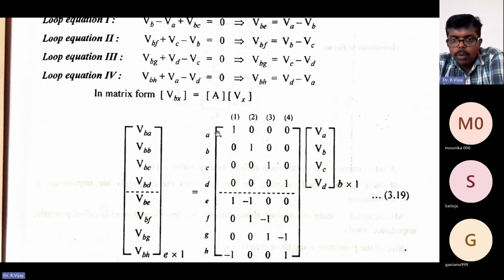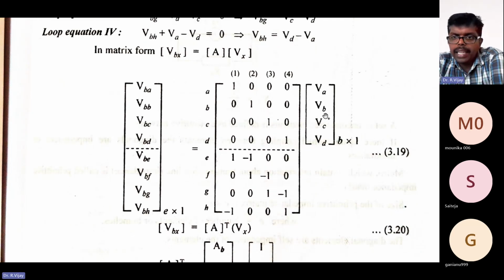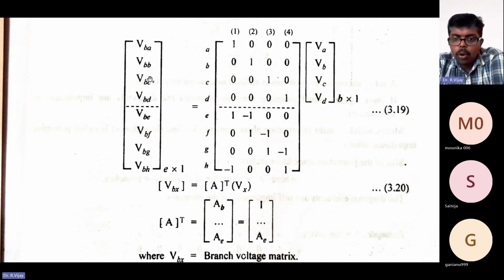We are simply transposing, into VX. VX is nothing but only the tree branches, that is VA, VB and VC, so these are the elements.